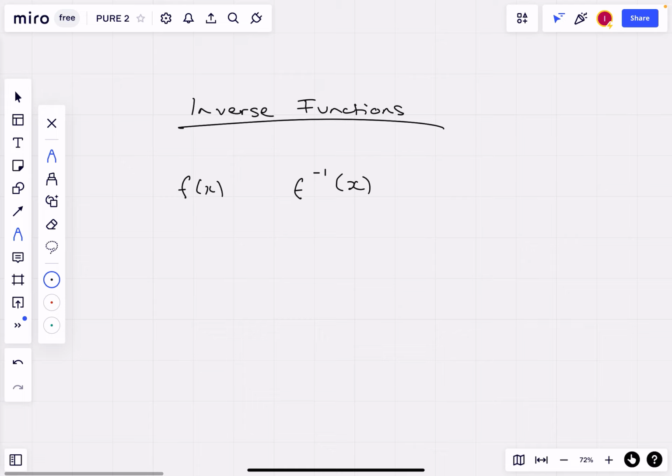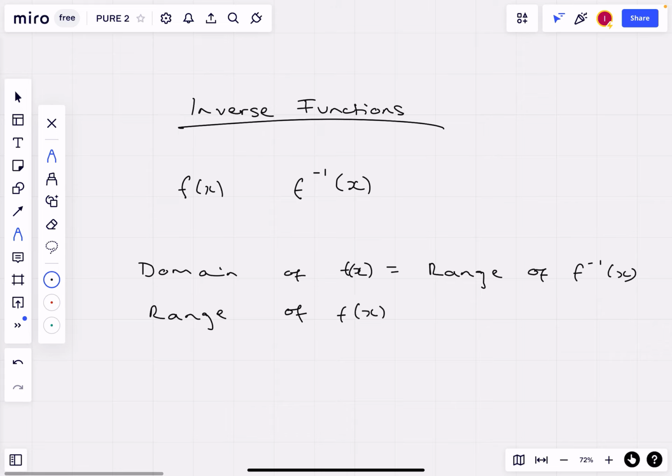And they're inverses of each other, they're opposites, which means the domain of f(x) is the range of f minus 1 of x, and vice versa. The range of f(x) is the domain of f minus 1 of x.